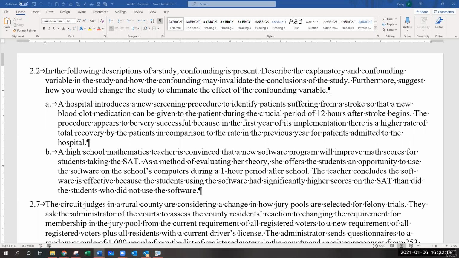Anything as simple as just last year we had a really bad doctor and this year we have a really good doctor, right? There's too many other things that could have changed between last year and this year, so that becomes our confounding variable. Well, similarly with these kids, some used it and some didn't use it, but what's the confounding variable here?